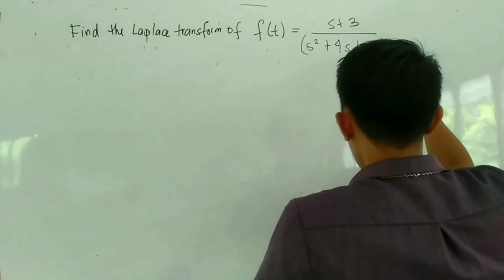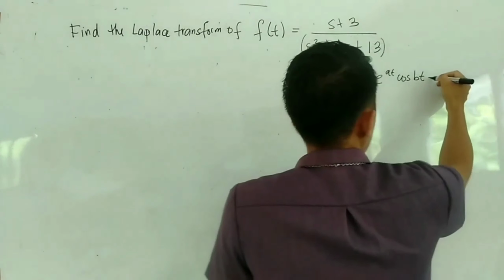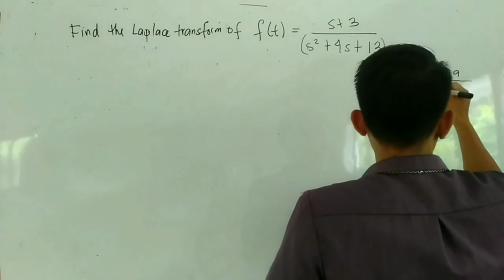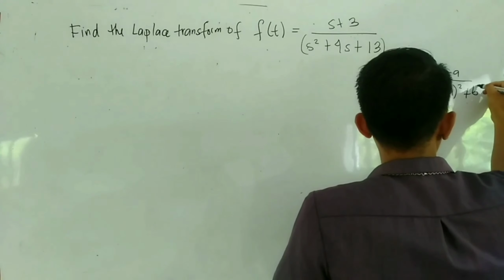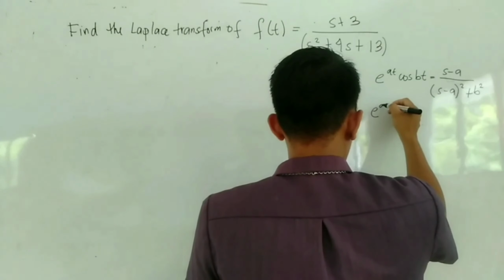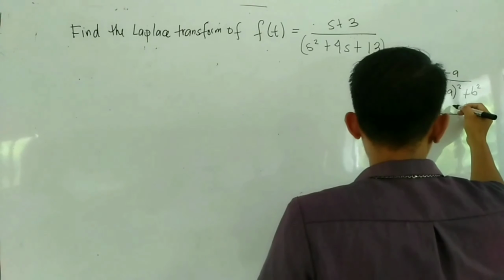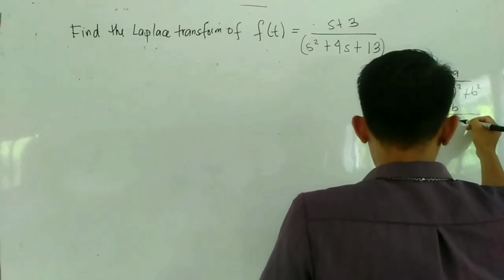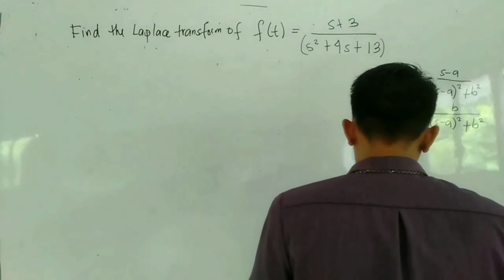We have e to the at cosine bt is equal to s minus a over s minus a squared plus b squared. And we have e to the at sine bt is equal to b over s minus a squared plus b squared.